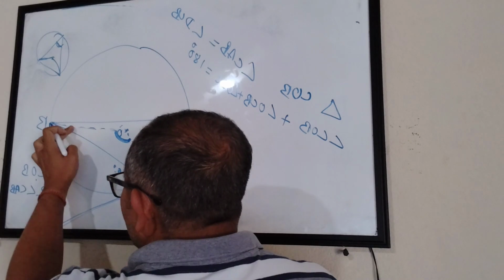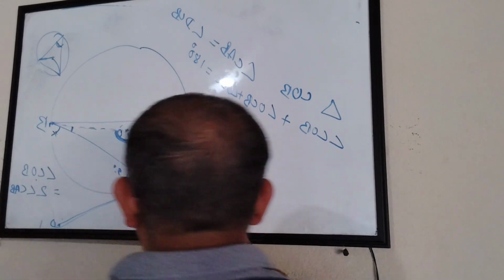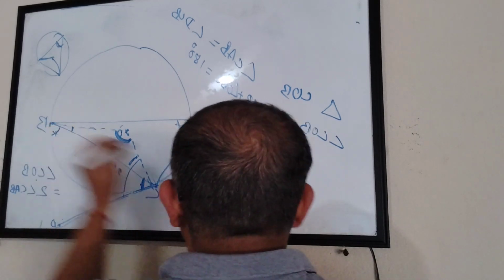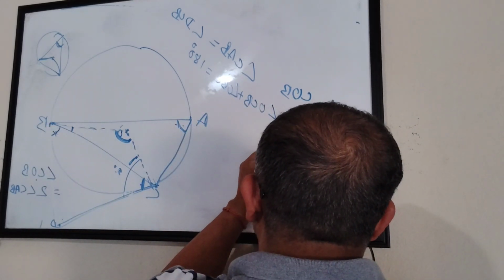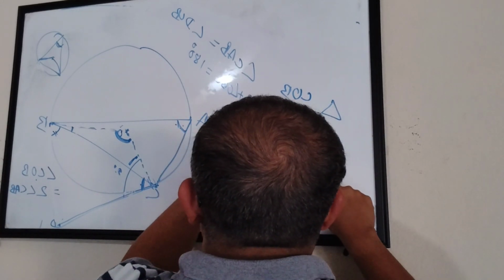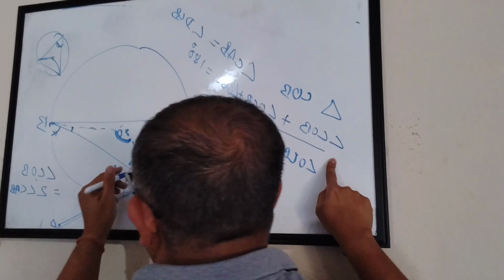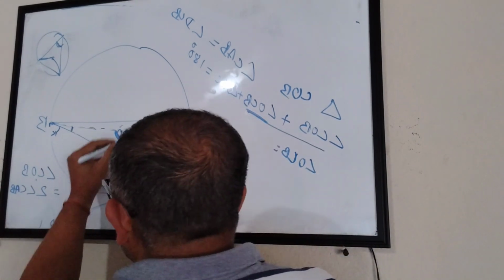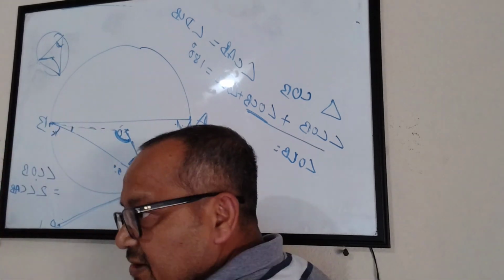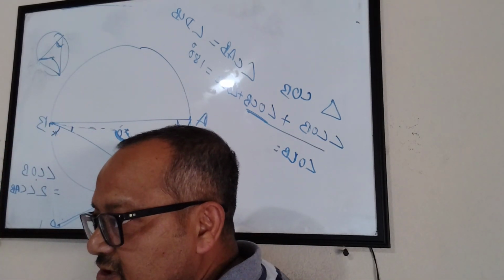That means this angle OCB will be equal to what? Now, before I go there, this angle OCB and angle OBC, they are same. Agree or you don't?